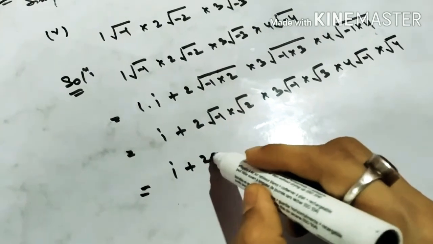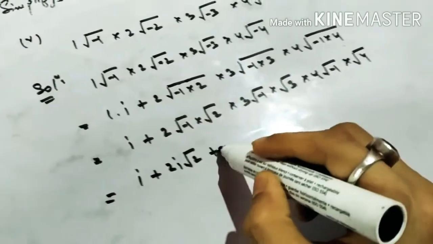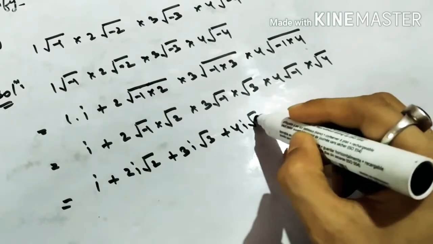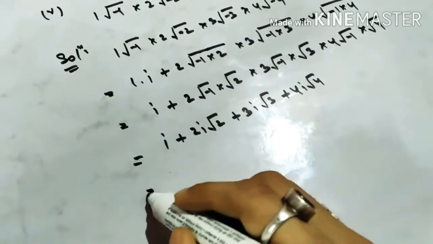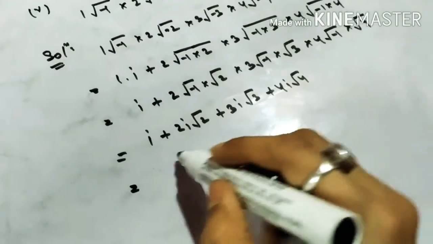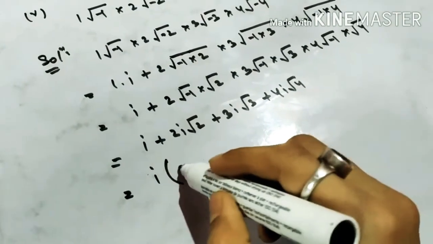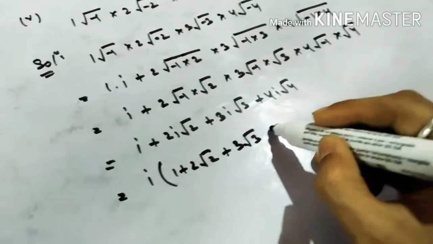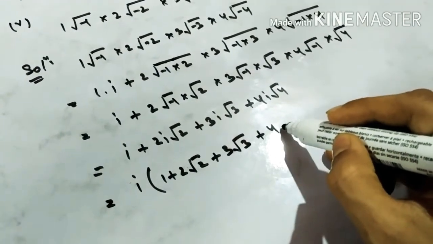i + 2i√2 + 3i√3 + 4i√4. So from here I can take i common, 1 plus 2√2 plus 3√3 plus 4 into 2.